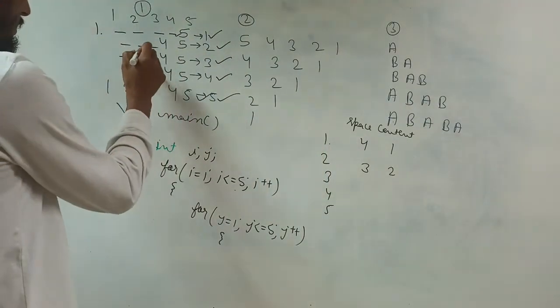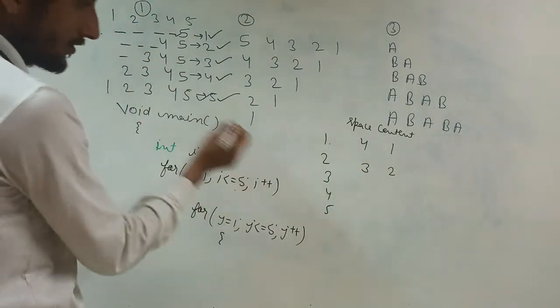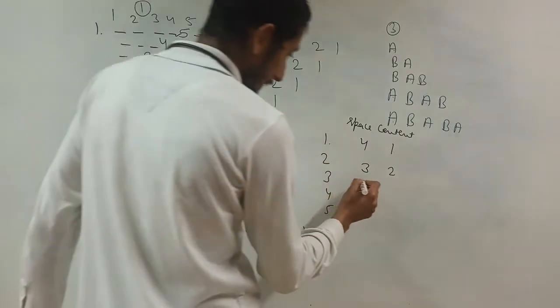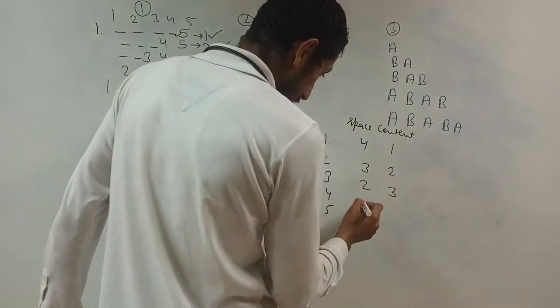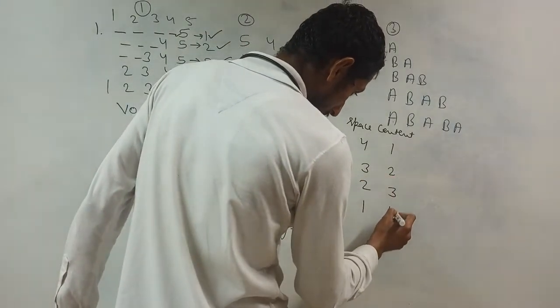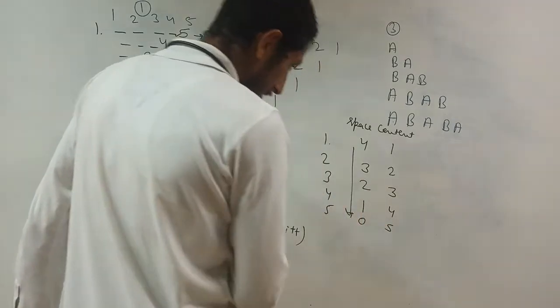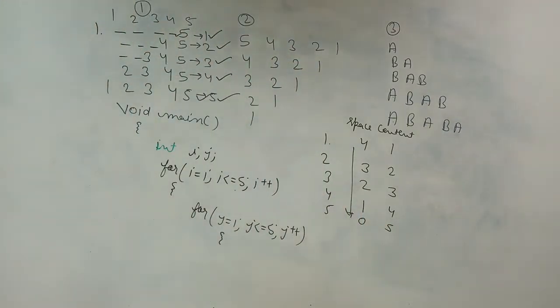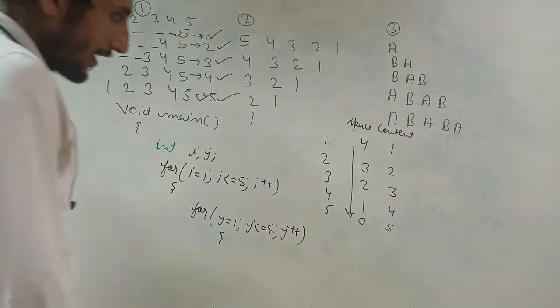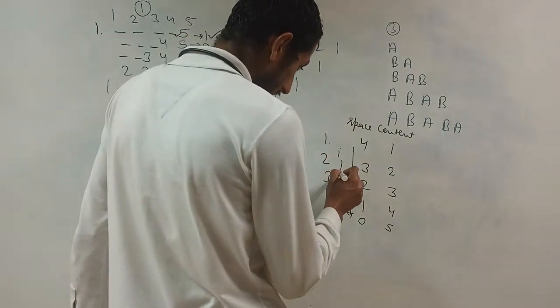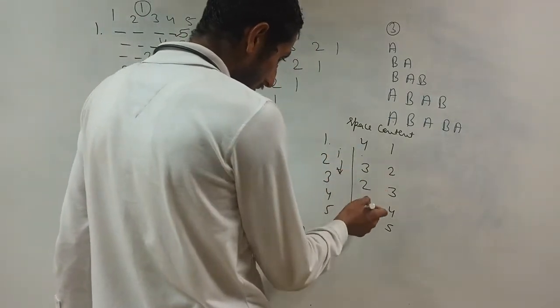In row number 3, 2 spaces, row 4, 1 space, and row 5, 0 spaces. So you can see as the value of i is increasing, the number of spaces is decreasing. Are you following this one? Let me explain again: as the value of i is increasing, the number of spaces is decreasing.